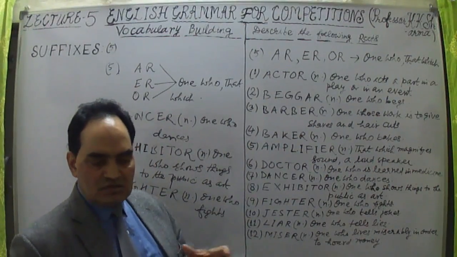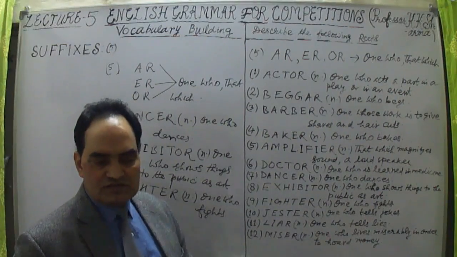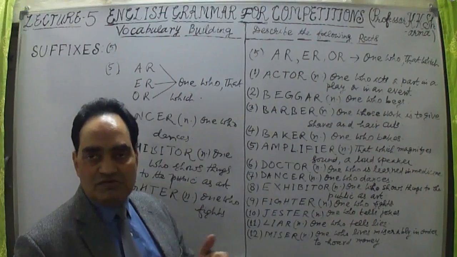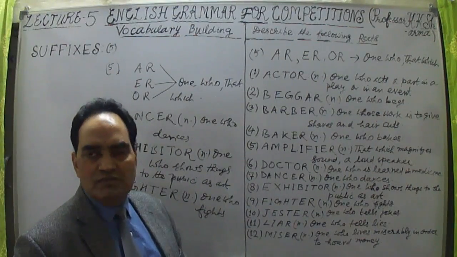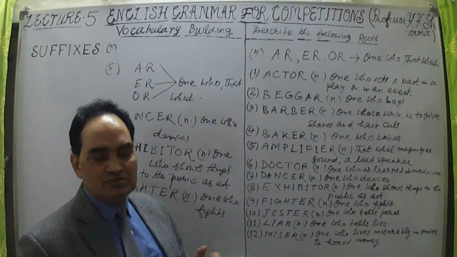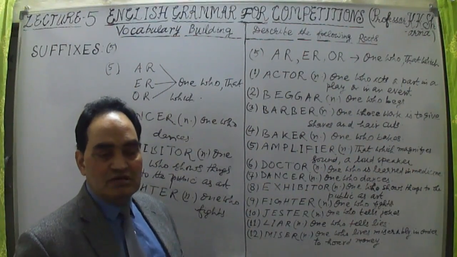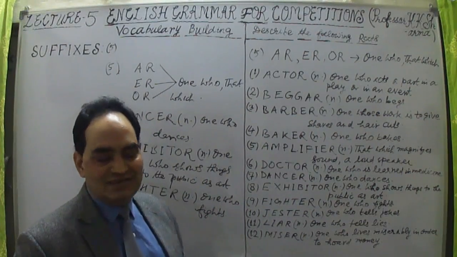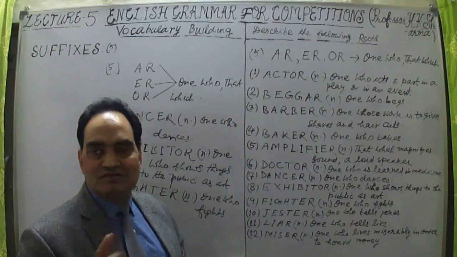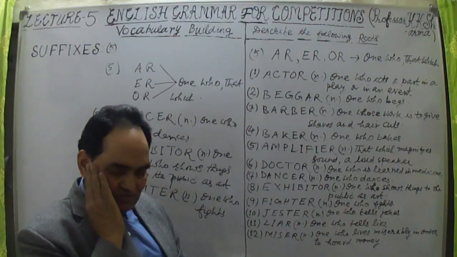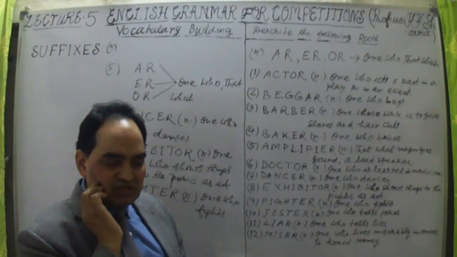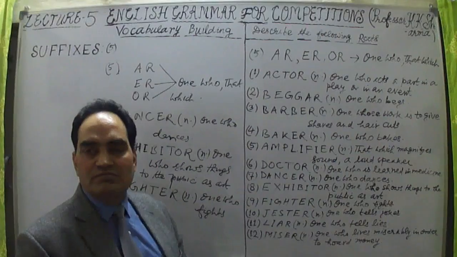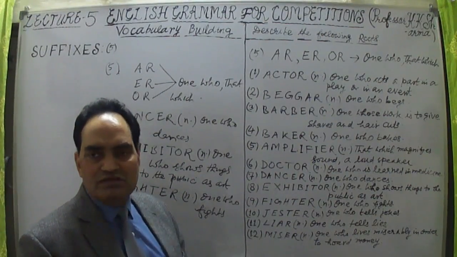Whenever a non-living thing is performing some act, just like amplifier, pacifier. Pacifier may be both living and non-living. Because sometimes an angry person enters and everybody is silent. That person is also a pacifier. And sometimes if there is a sound-silencing item or a technical machine, that can be a pacifier.